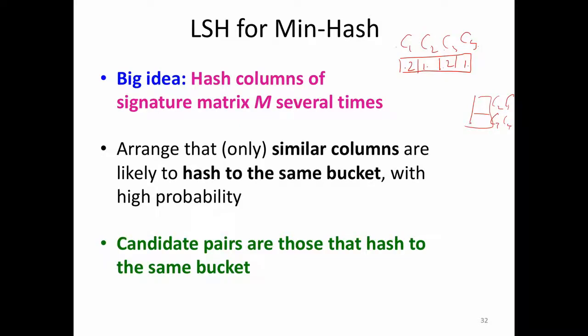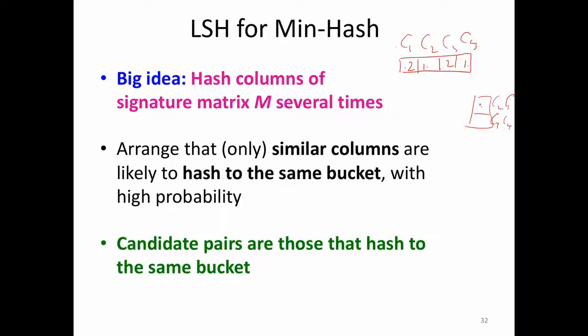Now, what are the candidate pairs? Candidate pairs are just documents which fall into the same bucket. Why is this? Because remember the chance that they fall into the same bucket is, sorry, it's not straightforward like that.